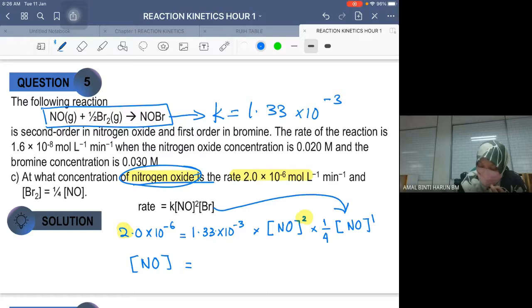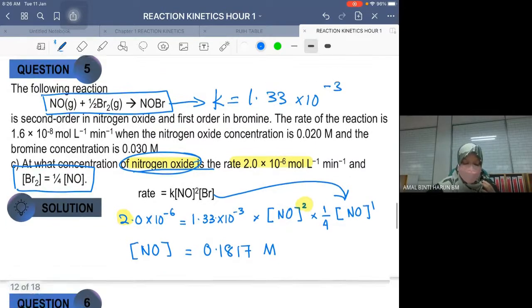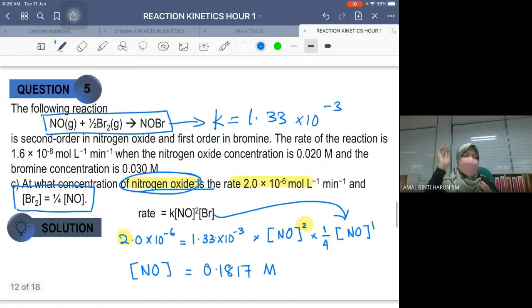Sebab dia kata, concentration Br adalah 1/4 concentration NO. So, solve mathematically, you will get 0.1817 molar. Okay, boleh follow? Yes.